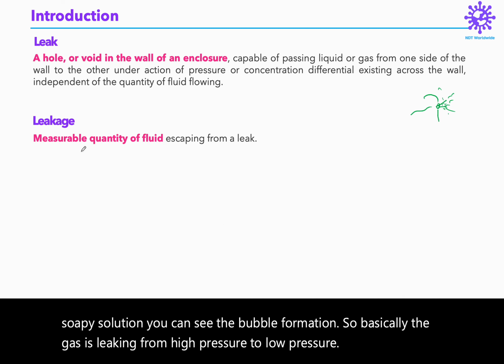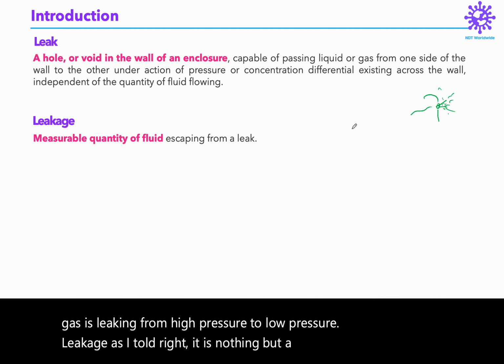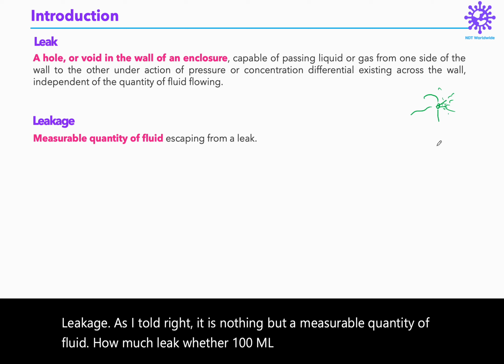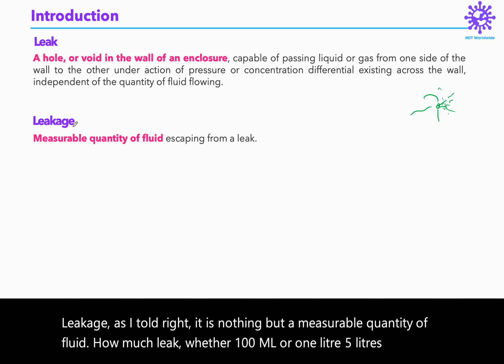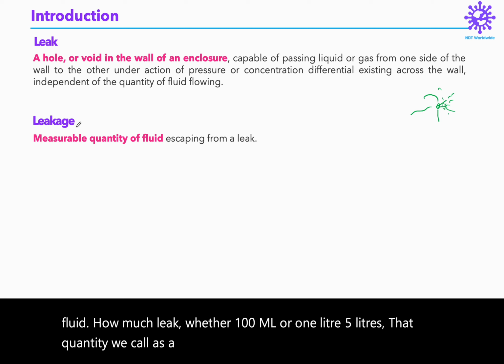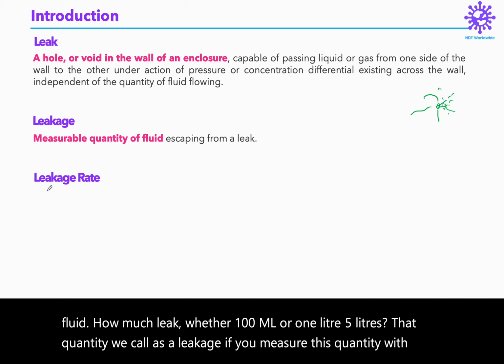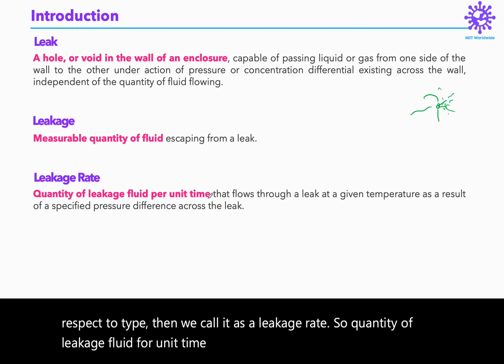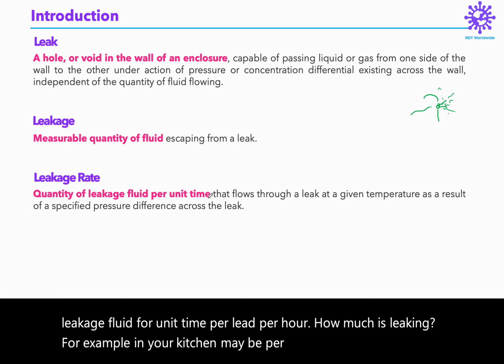Leakage, as I told, is nothing but a measurable quantity of fluid. How much leak, whether 100 ml or 1 liter, 5 liters, that quantity we call leakage. If you measure this quantity with respect to time, then we call it leakage rate. So it is the quantity of leaking fluid per unit time, per hour how much is leaking. For example, in your kitchen maybe 5 drops per hour are leaking. That is what we call leakage rate.